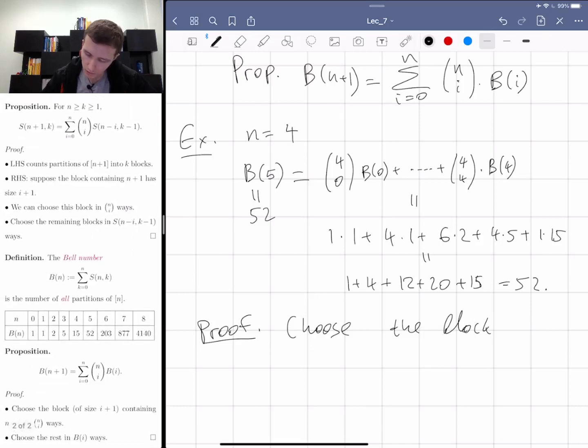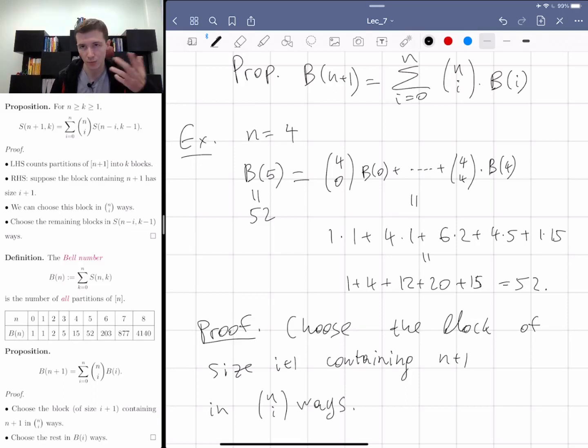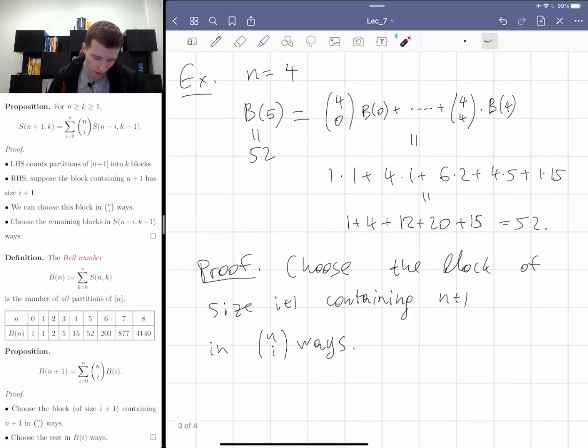Choose the block of size I plus 1 containing n plus 1. You can do this in n choose I ways. There has to be exactly one block which contains n plus 1. And the rest of the blocks give you a set partition of n minus I.